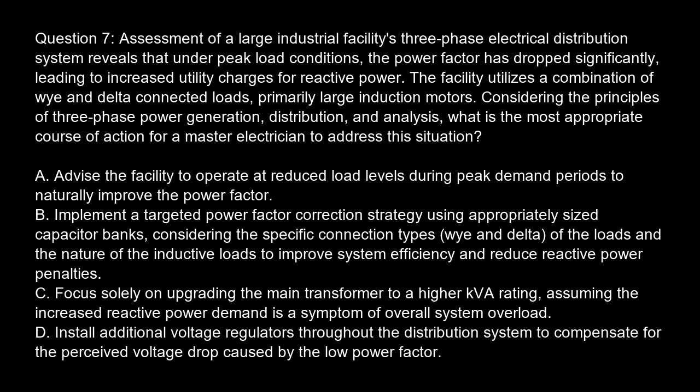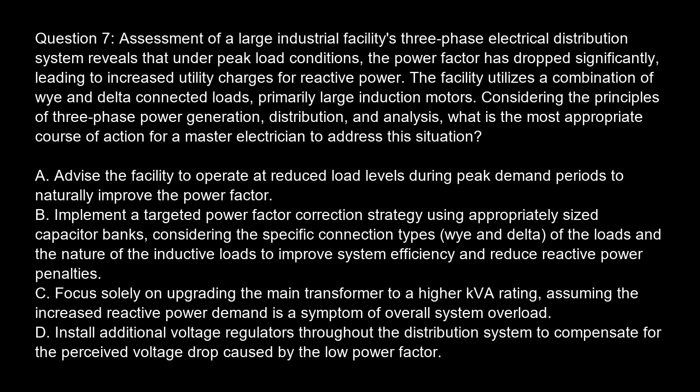Option A. Advise the facility to operate at reduced load levels during peak demand periods to naturally improve the power factor. Option B. Implement a targeted power factor correction strategy using appropriately sized capacitor banks, considering the specific connection types, Y and delta, of the loads and the nature of the inductive loads to improve system efficiency and reduce reactive power penalties.